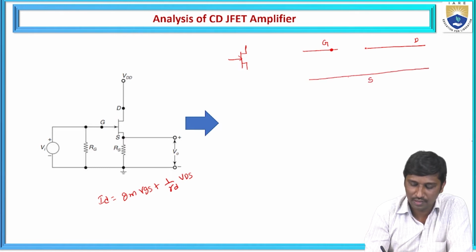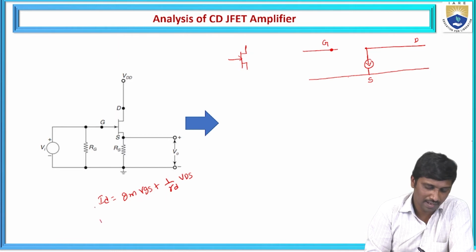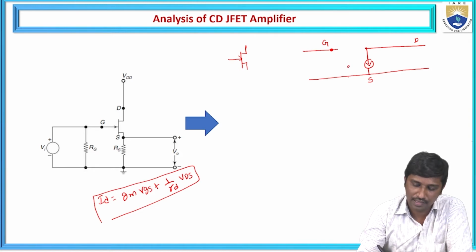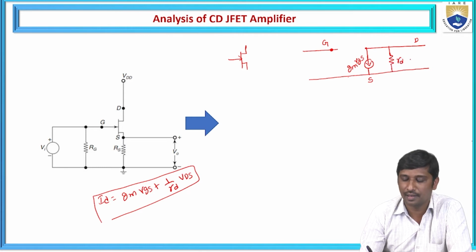Now we know that the drain current flows. By this mathematical relation, ID is Gm into VGS plus 1 by RD into VDS. Hence it is represented as Gm into VGS plus another current source passing through the internal drain resistance RD.